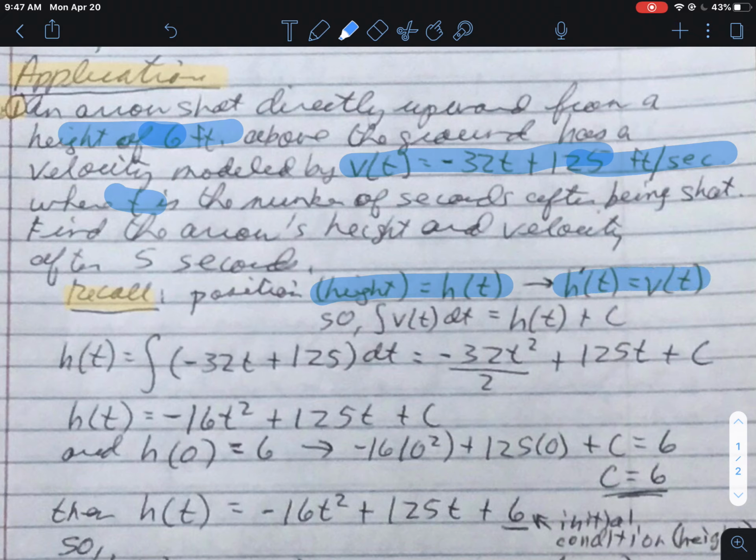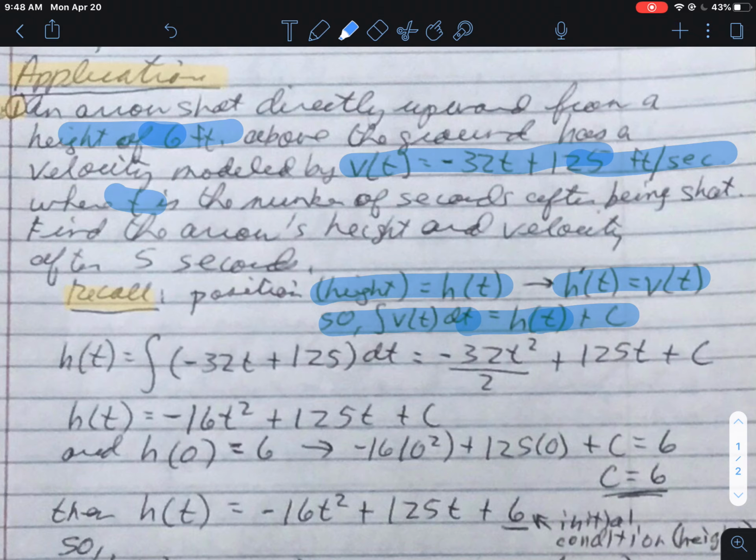The derivative of your position function is your velocity function. So that makes h the antiderivative of v. The integral of your velocity function is your position function, which is h in this case, plus c.